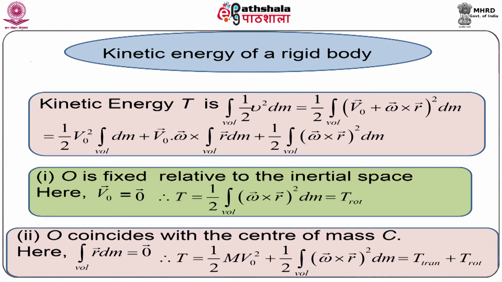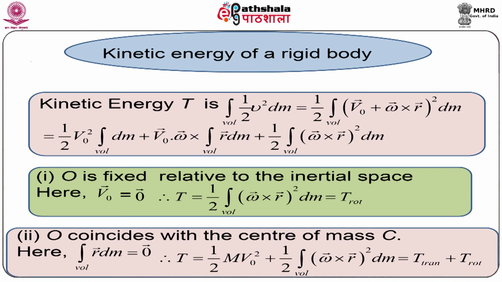Now, we consider two cases separately. First one, here O is fixed relative to the inertial space. Then obviously, the velocity of O, that is VO vector, vanishes.